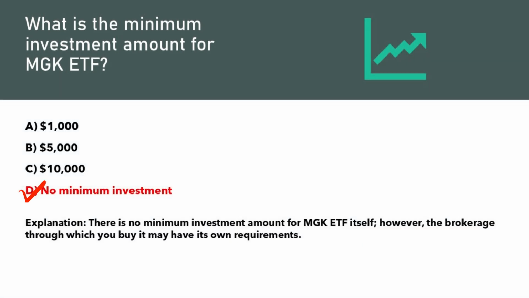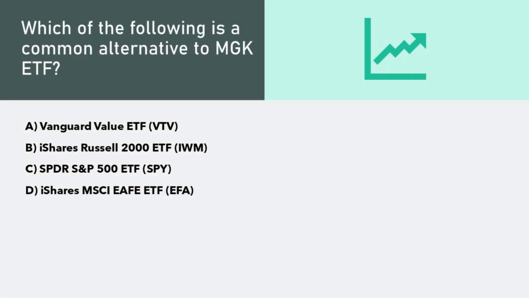Answer: D. No minimum investment. Explanation: there is no minimum investment amount for MGK ETF itself, however, the brokerage through which you buy it may have its own requirements. Which of the following is a common alternative to MGK ETF?